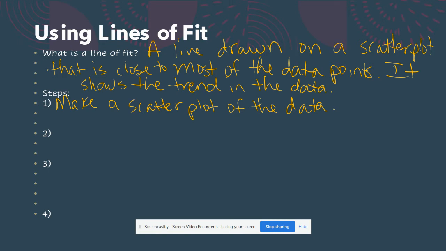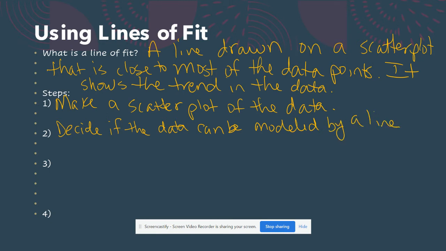The second thing we would do is to decide if the data can be modeled by a line, meaning it has positive or negative correlations.